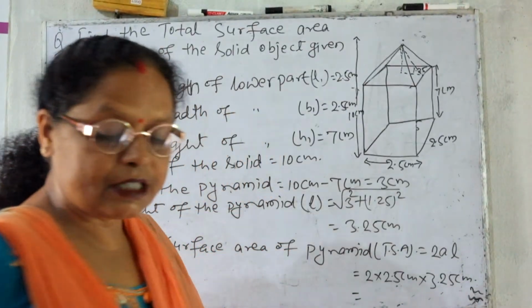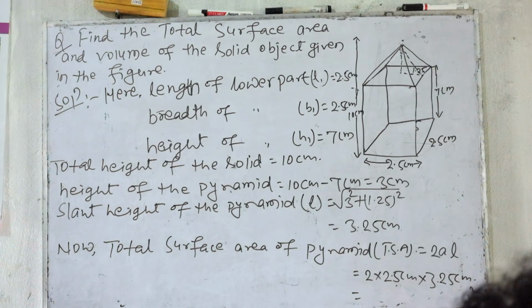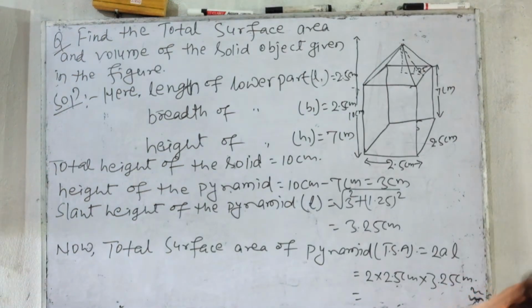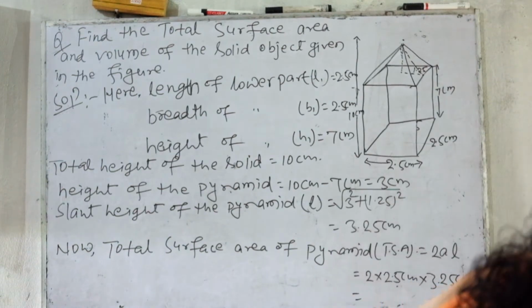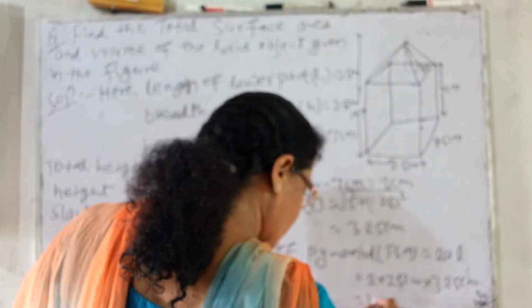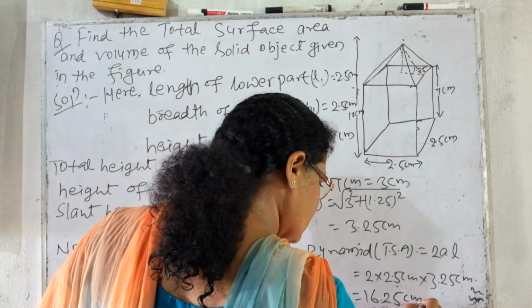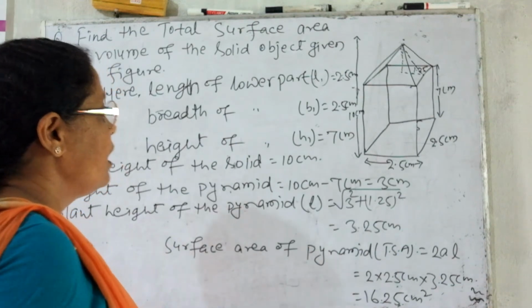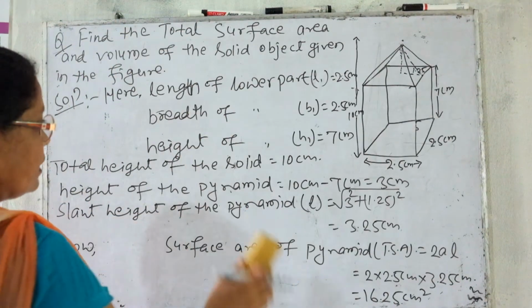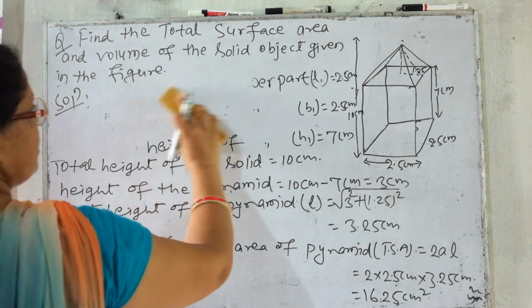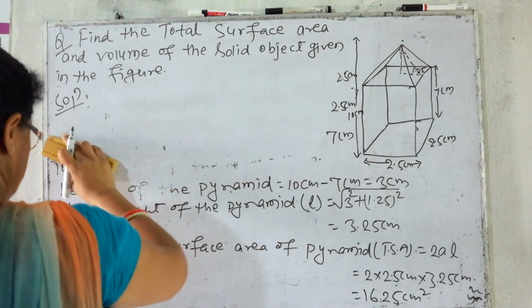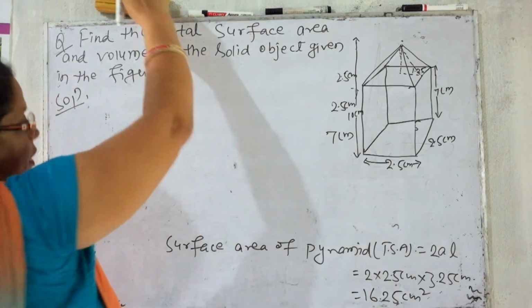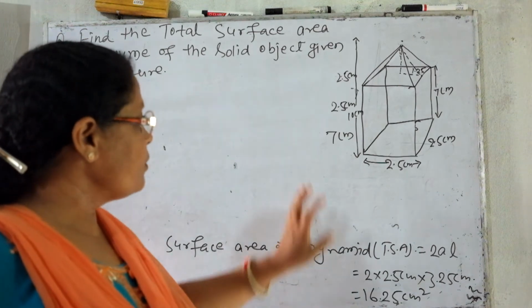After multiplying, it will be 16.25 cm square. This is the surface area of the pyramid. After this I am rubbing this upper part.